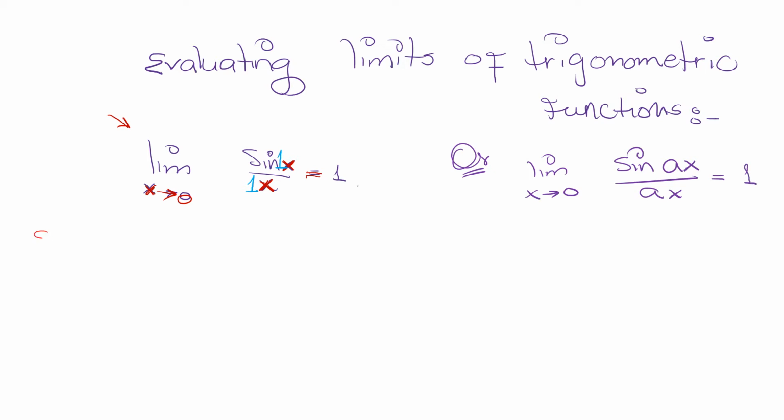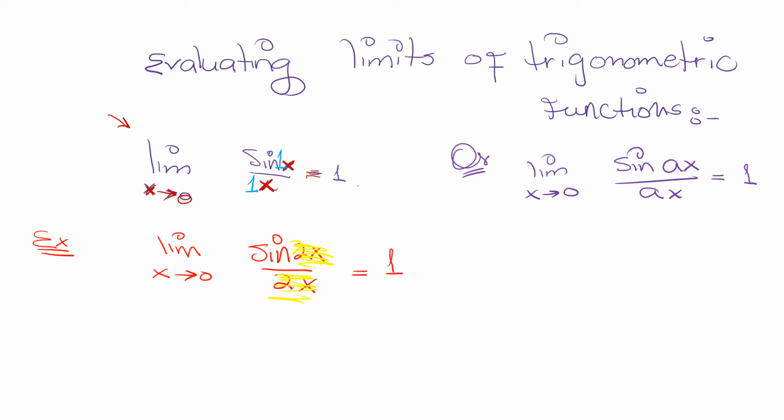Now let's take a few examples related to this concept. What will you do if you have limit x approaches 0 of sine 2x over 2x? So what have you observed? Here our angle is 2x and in the denominator also 2x is written. Both are the same, so don't do anything.